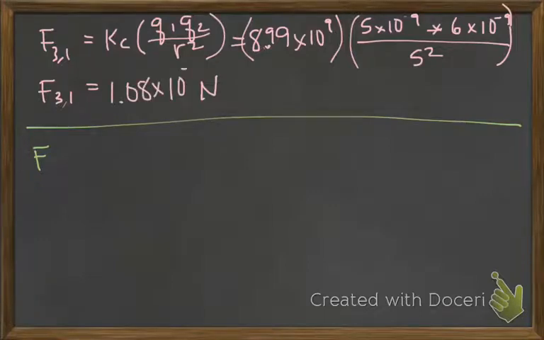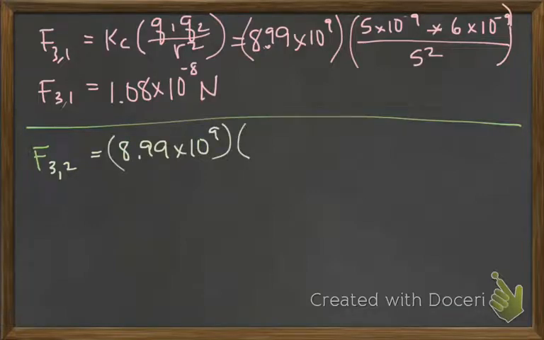And now we need to do the same thing with the other two charges. How do 3 and 2 correspond? I'm not going to write down the equation again, but you've got Kc, which is still 8.99 times 10 to the 9th. You've got your two different charges, 3 and 2. Charge 3 was 5 times 10 to the negative 9th.